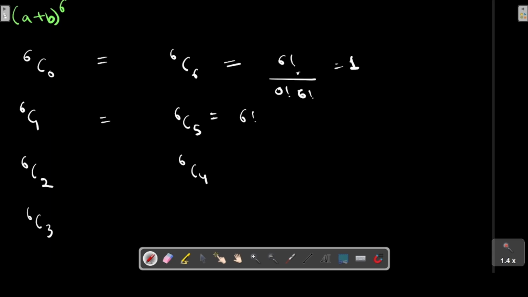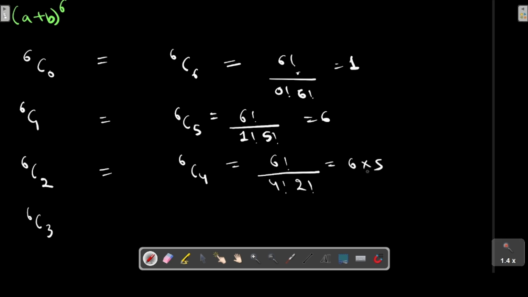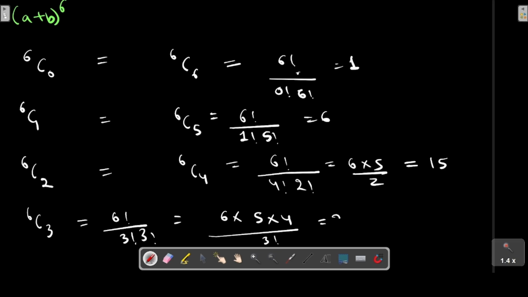Now you have 6 factorial upon 1 factorial, 5 factorial, equal to 6. 6 factorial upon 4 factorial, 2 factorial, that is equal to your 15. Then you have 6 factorial upon 3 factorial, 3 factorial, that is 6, 5, 4 upon 3 factorial, that's your 20.